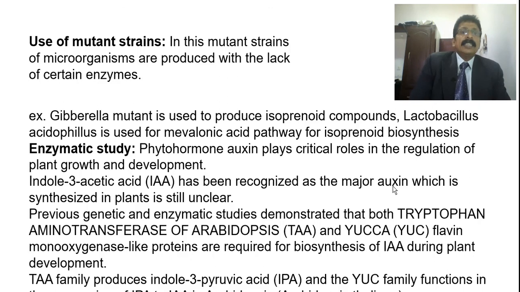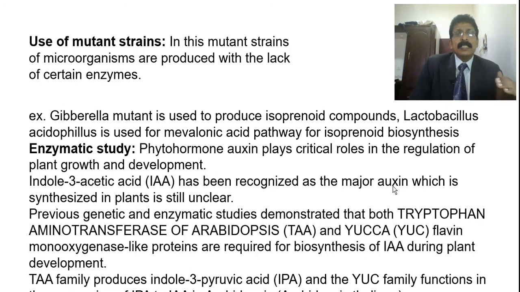And enzymatic study: the phytohormone auxin plays a critical role in regulation of plant growth and development. Indole-3-acetic acid, IAA, has been recognized as a major auxin, but how it is synthesized in plants is still unclear.